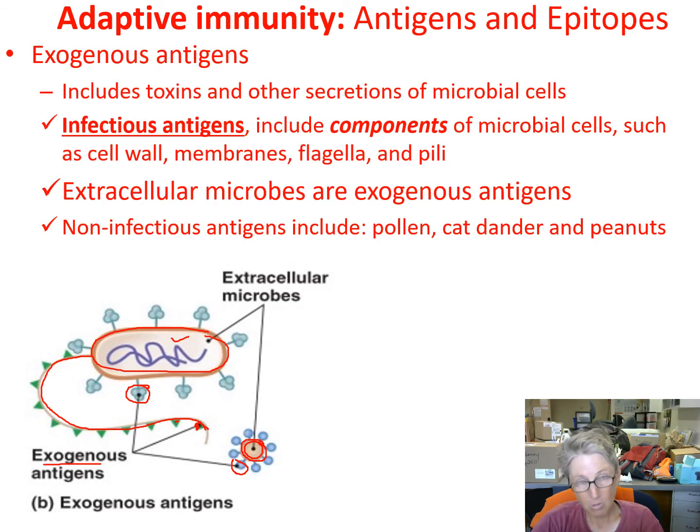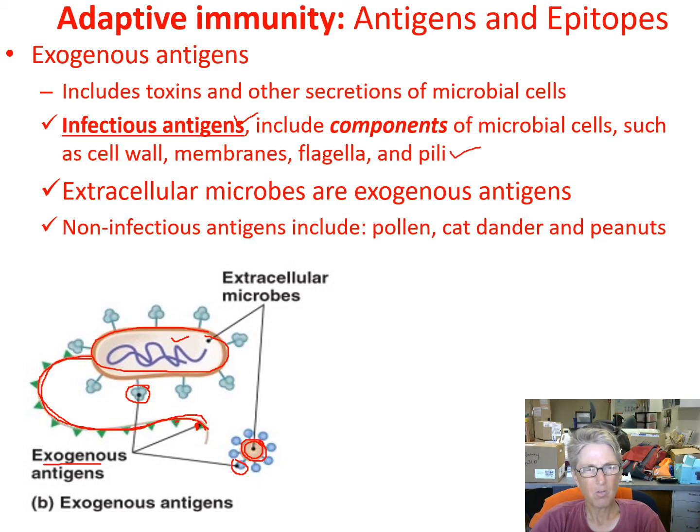So exogenous antigens include toxins and other secretions of microbial cells. Exogenous antigens include infectious antigens, so they would include the components of microbial cells. Like the cell wall could be an exogenous antigen, the membrane. This flagella with its epitopes would be an exogenous antigen, and the conjugation pilus could also be an exogenous antigen.